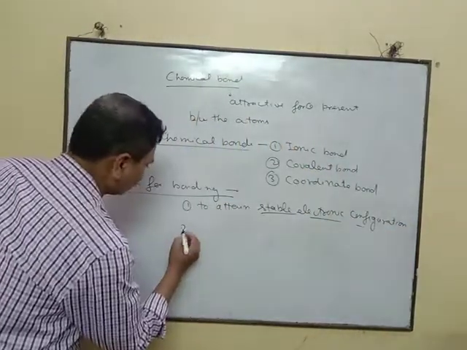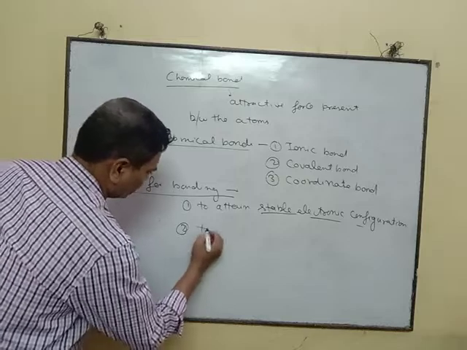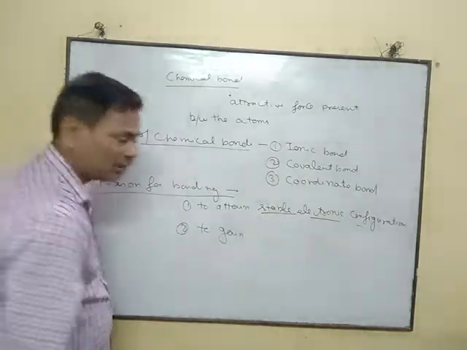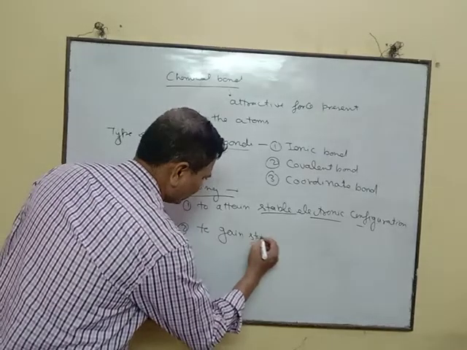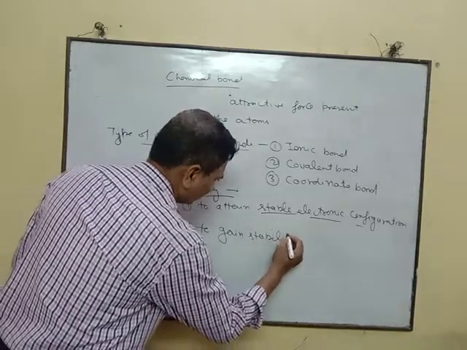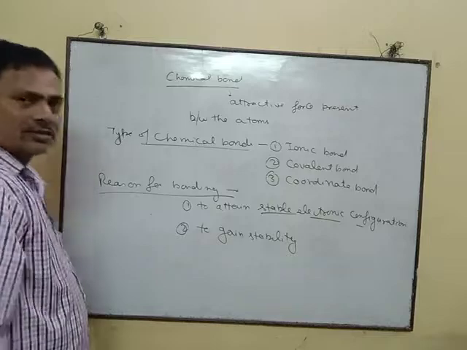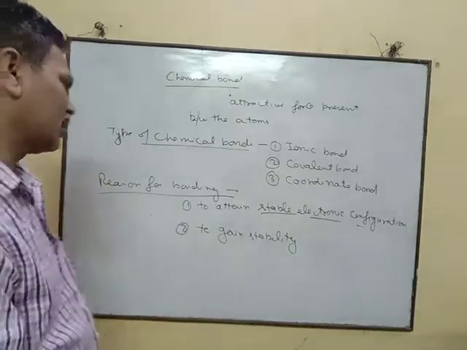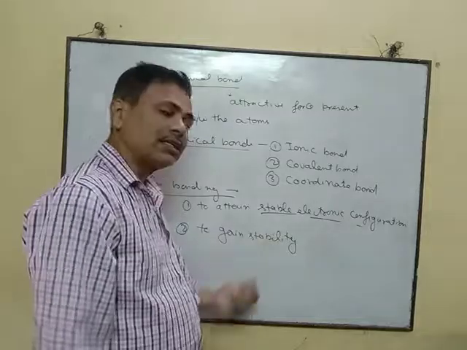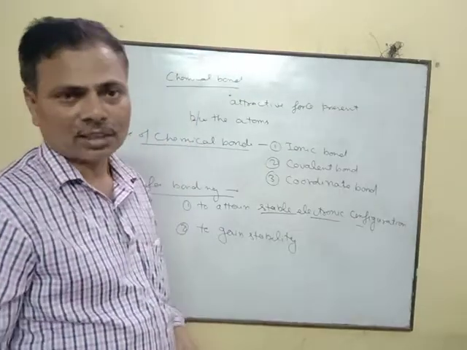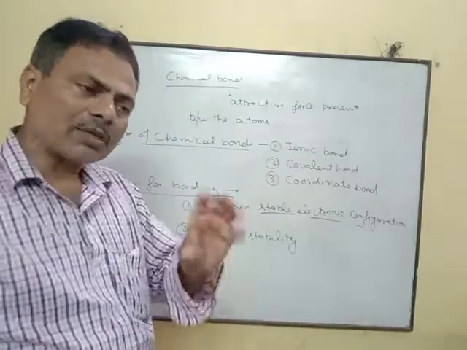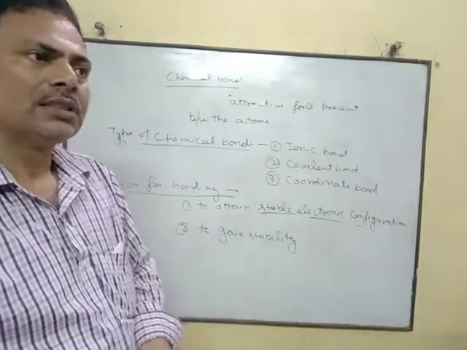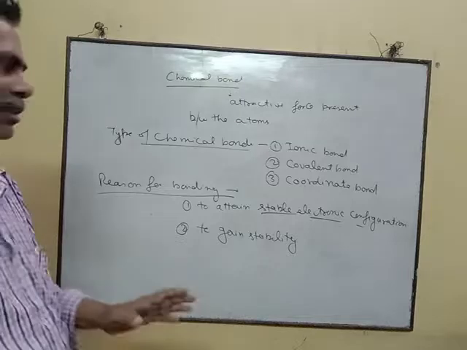And the second one is to gain stability, to obtain a low energy system. When stability is higher, naturally the energy will be lower. That's why after chemical bonding, the system formed has less energy.